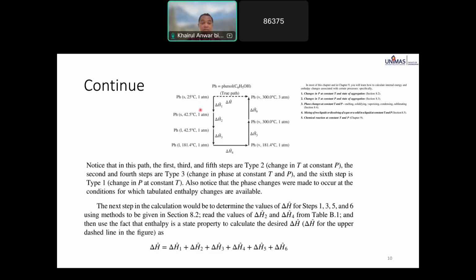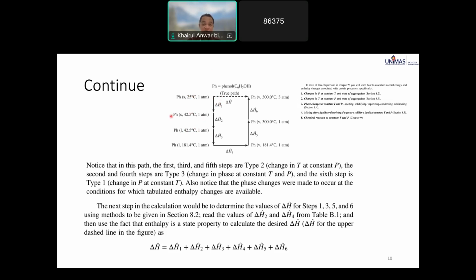So before we can melt the phenol, we need to increase the temperature first. That's why the delta H1, the first step or the first process pathway is increasing the temperature to a melting point temperature.